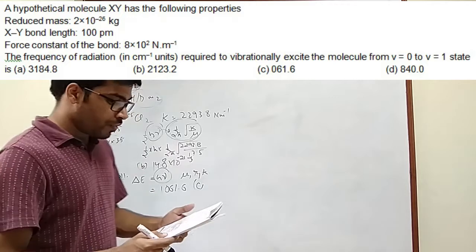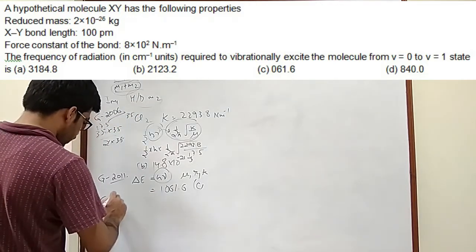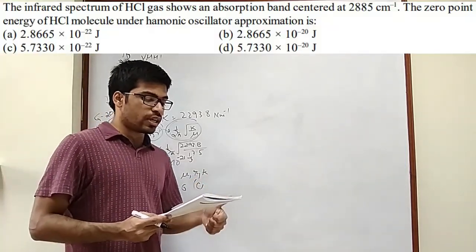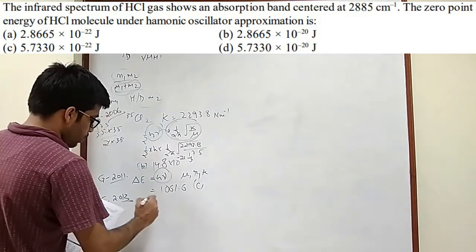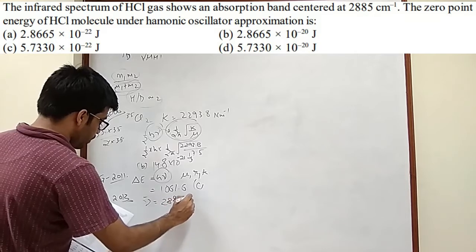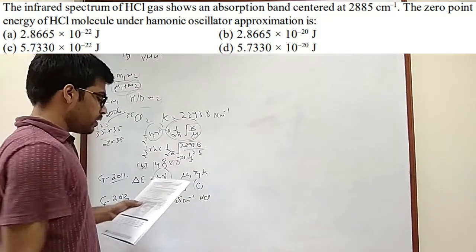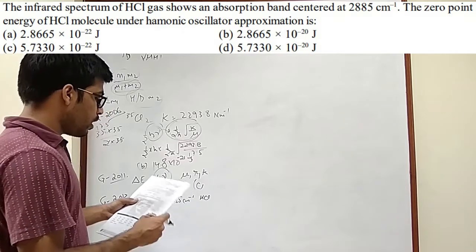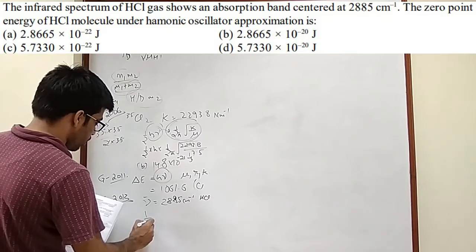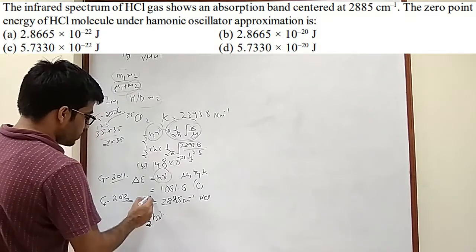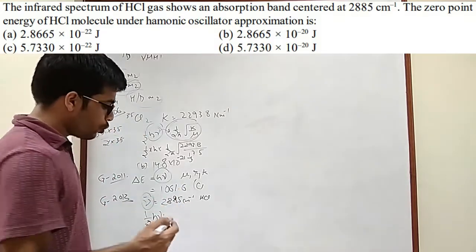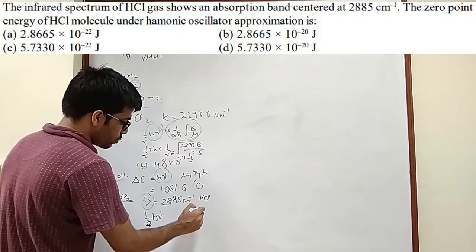Okay. The next question we have is from GATE 2013. The question says, the infrared spectrum of HCl gas shows an absorption centered at 2885 centimeter inverse. The zero-point energy of HCl molecule under harmonic oscillator approximation. So that means you would need half h nu. Now this is in nu bar, that means in wave numbers. To convert this to joules, you need to multiply it with hc.